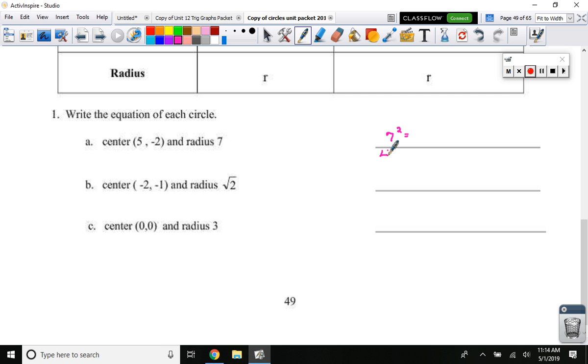So 49 equals (x minus 5) squared plus (y plus 2) squared. Good, because minus a negative, right? Okay, so the final would be then the 49 format.